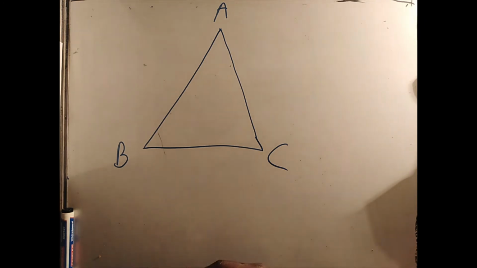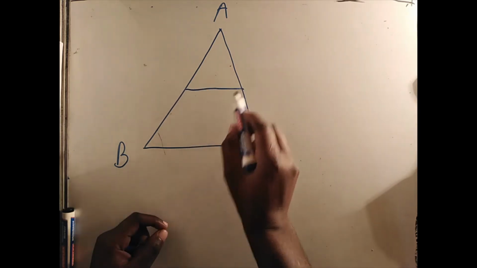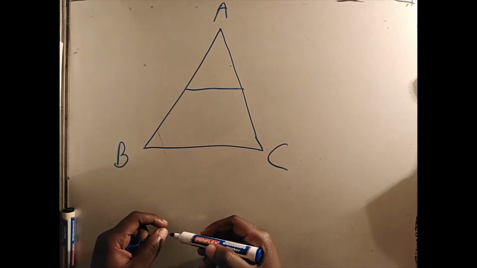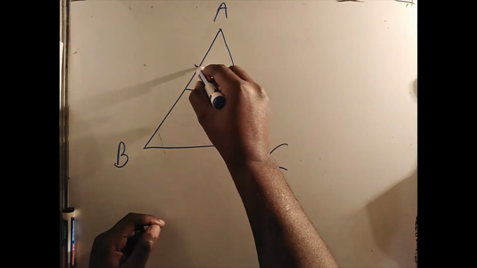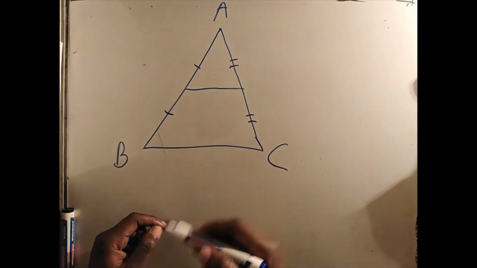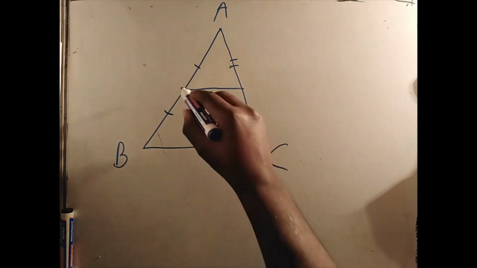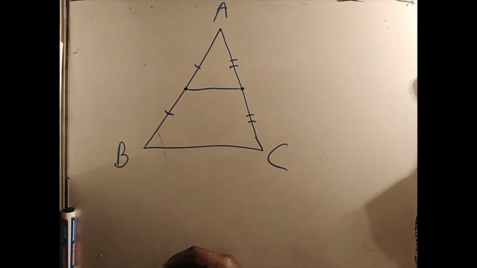Now the midpoint theorem says that if you have a line drawn at the midpoints of two sides of the triangle, so this side is equal to this side, and this side is equal to this side, then there is something about that line.